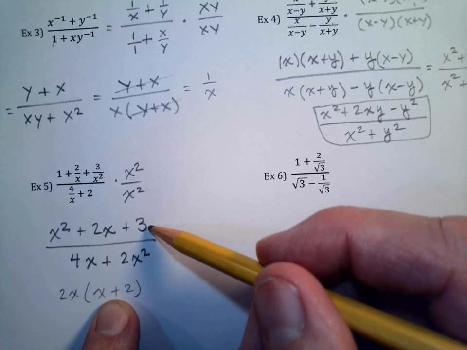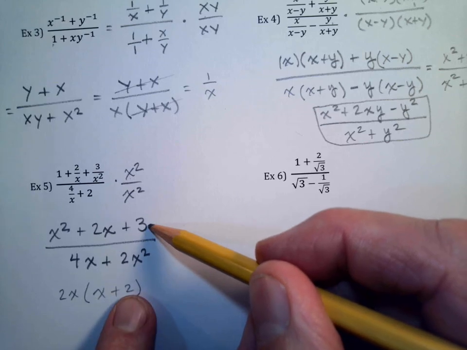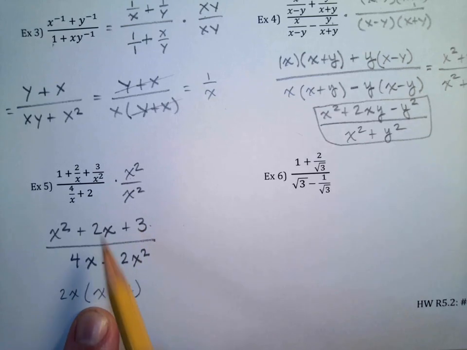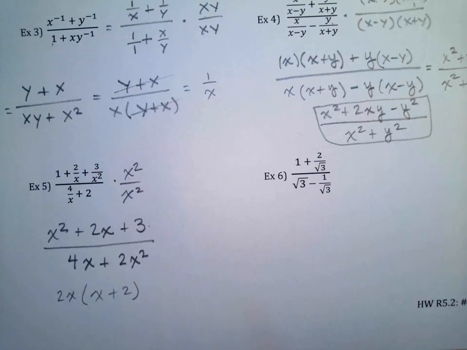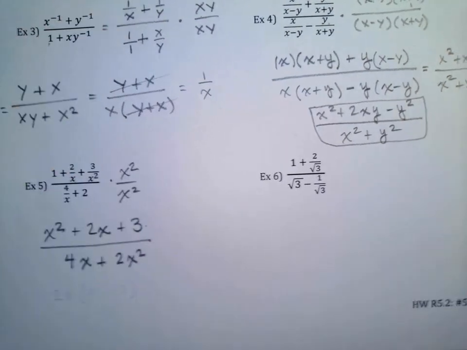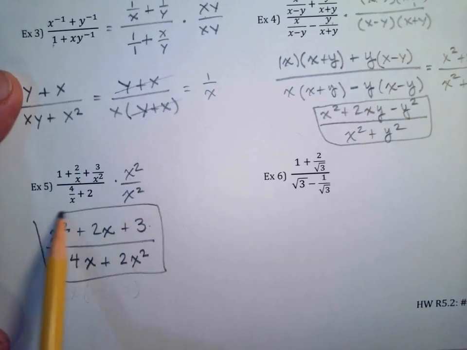But I know this 3 isn't going to give me a binomial with a 2 at the end. So even if these things are factorable, they don't factor into things that will cancel, so we don't have to worry. So leave that alone, and this would be the best and final answer.